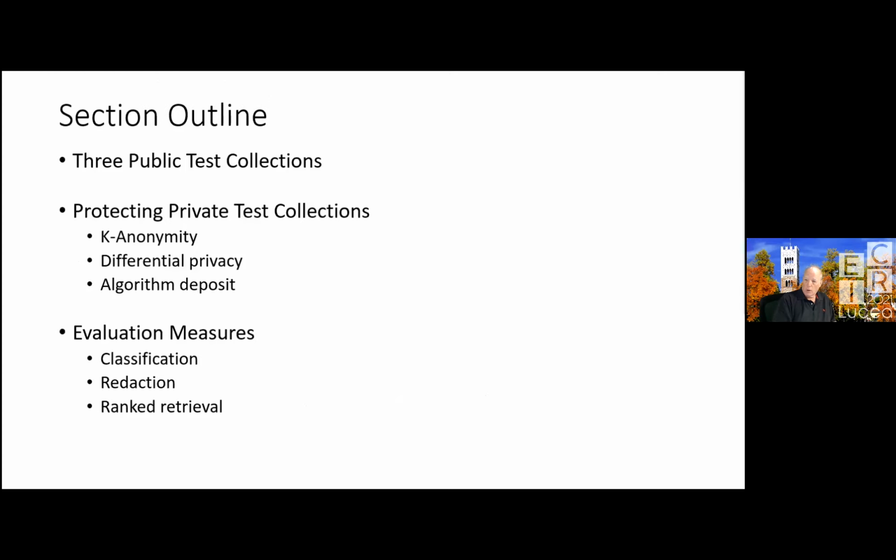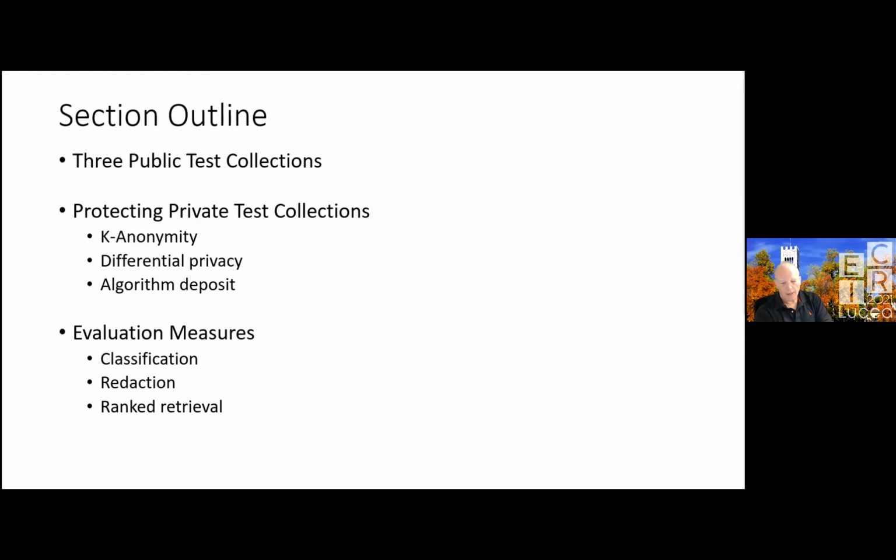And so in the next section, we're going to talk about how we would evaluate how well we're doing. And I want to do that in three ways. One is I will start by talking about three public test collections, just to get us thinking about what a test collection for this problem would look like. It's a standard way that we think. And then Graham will tell us about what to do when we can't share test collections.